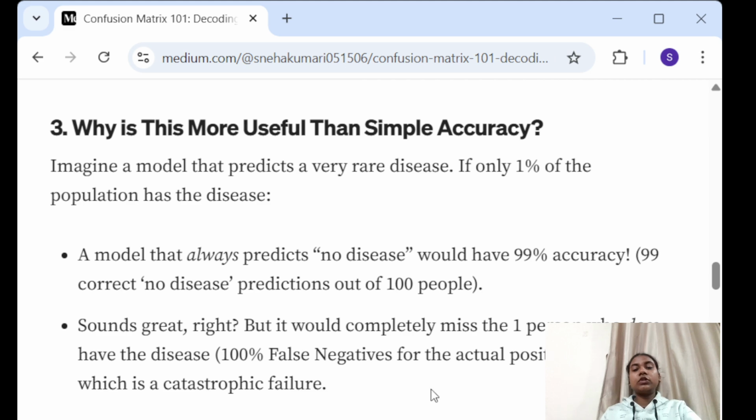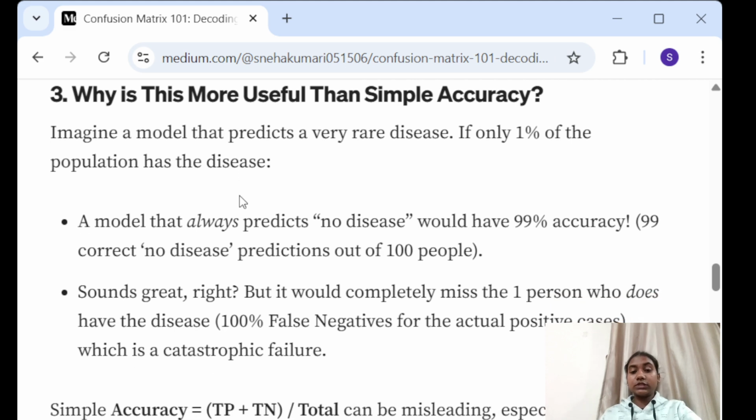So why is this more useful than simple accuracy? It is more useful because when we provide the machine the actual value and the predicted value, it uses both of those values and provides us the result. That result is true when both the actual and predicted values are true, and when either of them is false, we get the result as false.